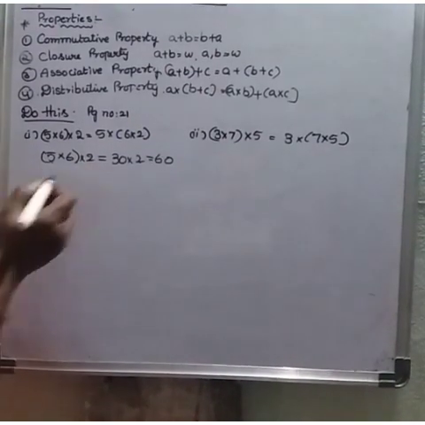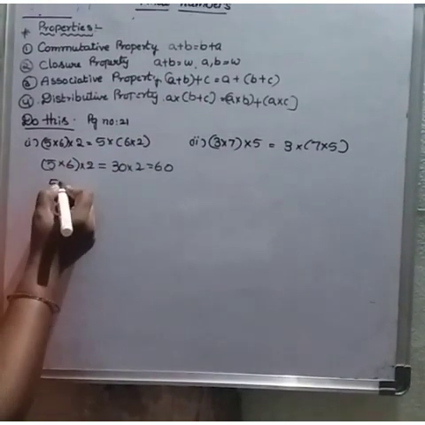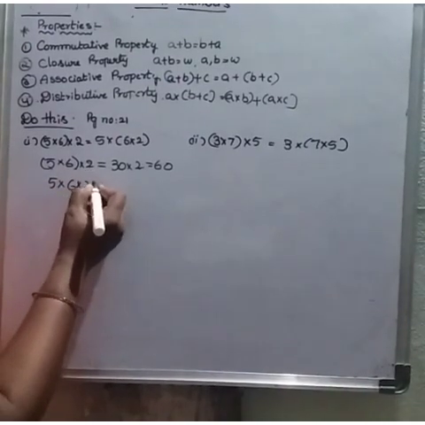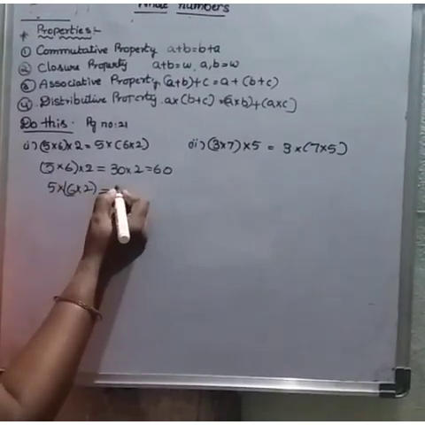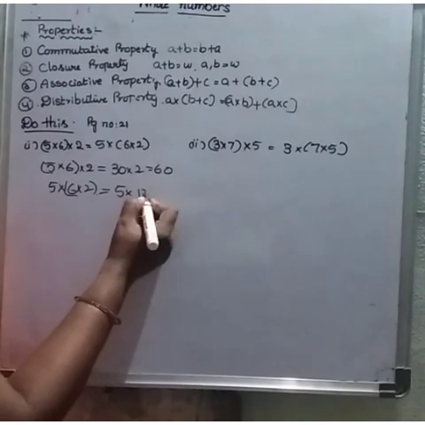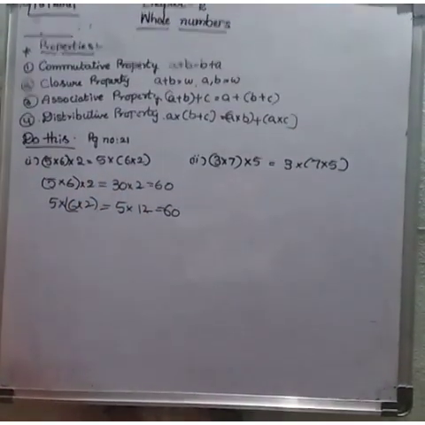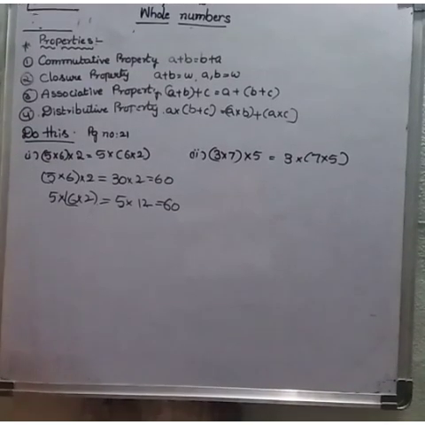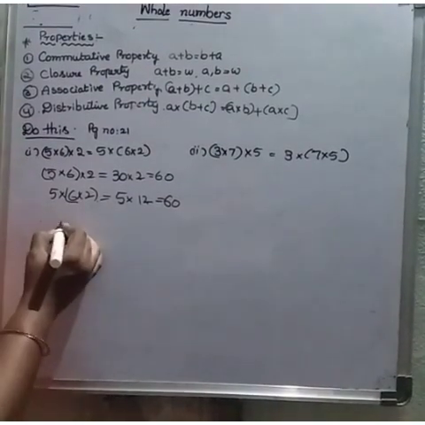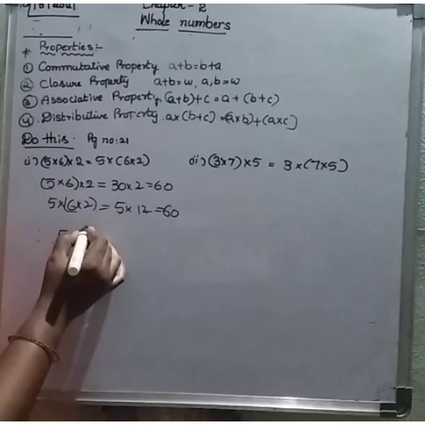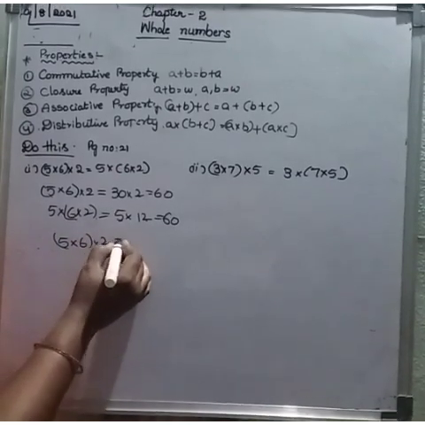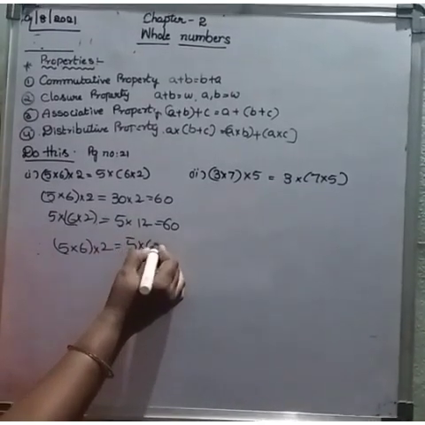Next, 5 into 6 into 2: 6 twos are 12, 12 fives are 60. Both are the same now. Yes. Therefore, the two are equal.